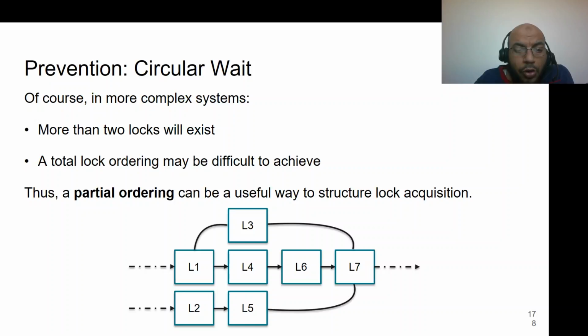To acquire L4 I have to acquire L1 first. To acquire L5 I need to acquire L2 first. To acquire L7 I need to either acquire L1 and L3 first, L1, L4 and L6 first, or L2 and L5 first. So you try to basically put some order in your system.